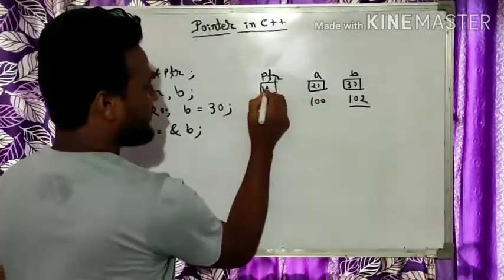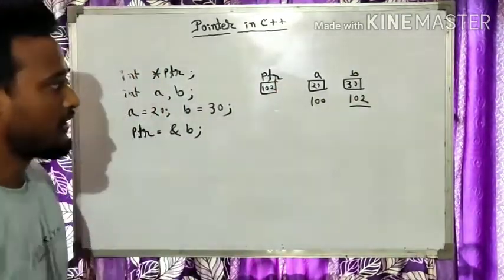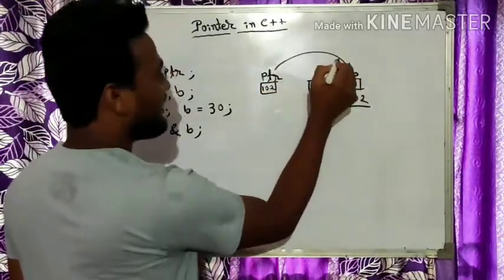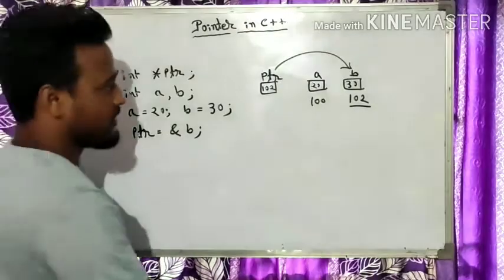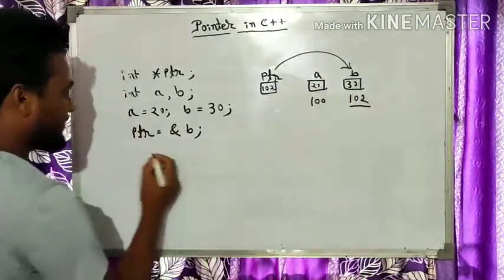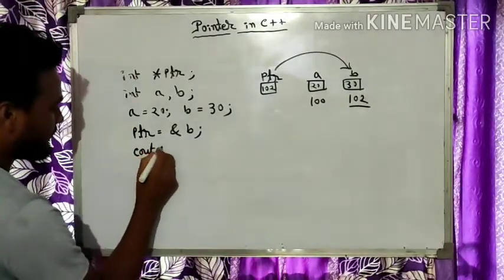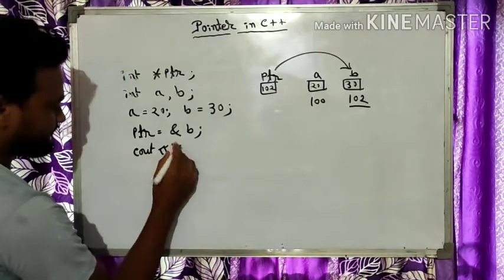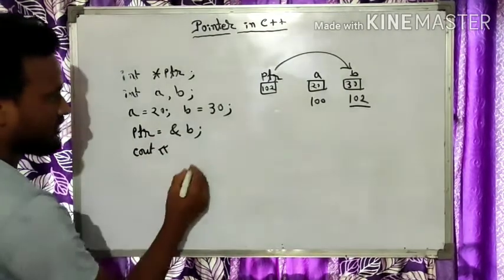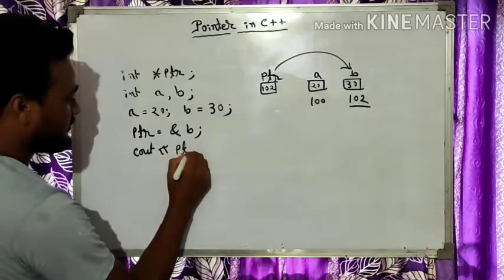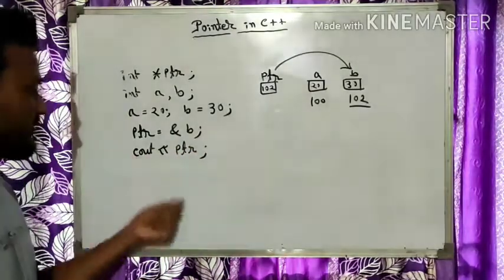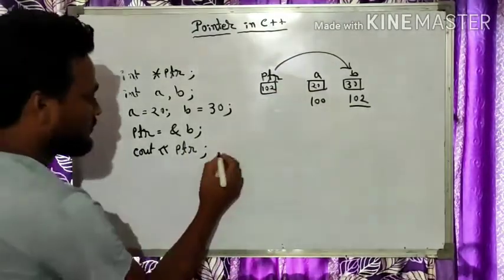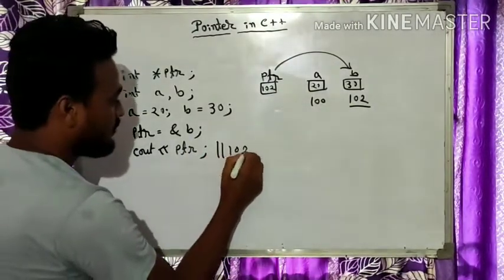So the value of ptr will be 102, and now this pointer is linked to the variable b. In order to display the memory address, we can use cout ptr. When you execute this statement, you will get the value 102.